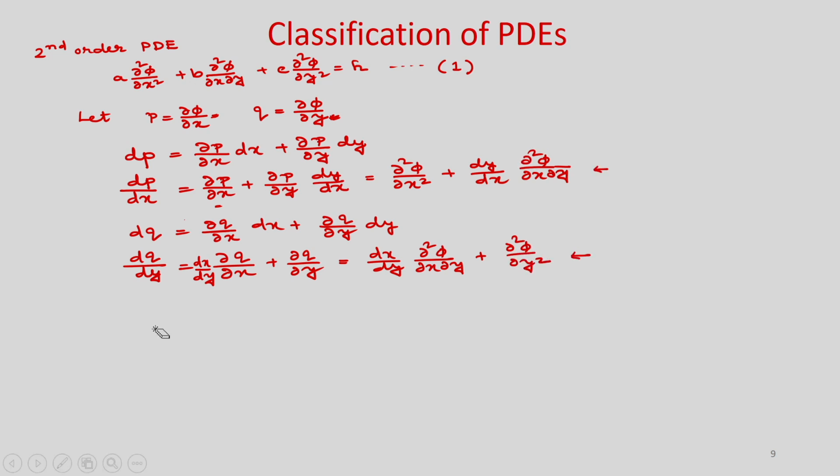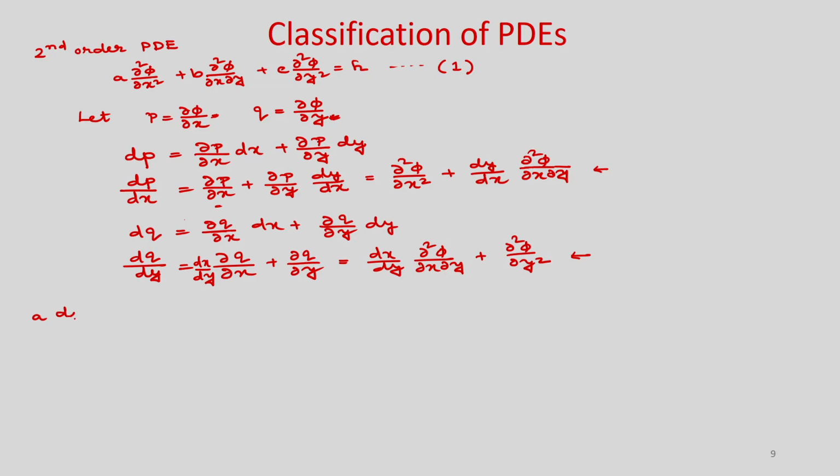Okay. So, now let us take a dp by dx plus c dq by dy. So, dp by dx, this is the expression, dq by dy, this is the expression, you put it in and rearrange, what you will get.